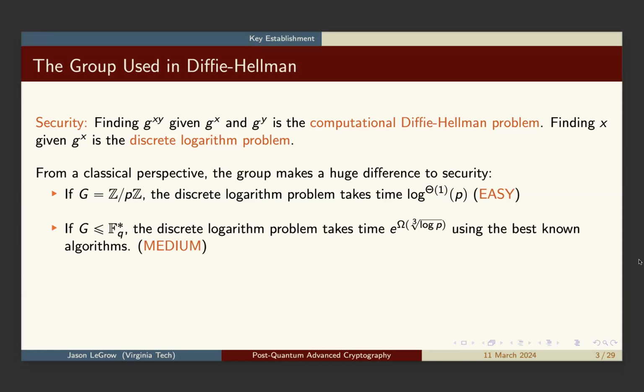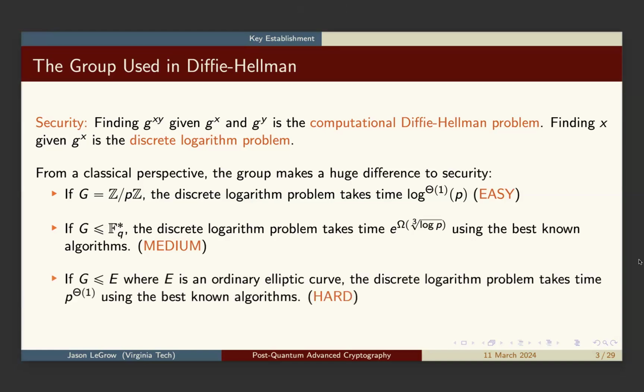You don't want sub-exponential attacks on your protocols, but even if you have them, that doesn't mean they're necessarily insecure. But if you look at a subgroup of an ordinary elliptic curve, then you're doing really well. The best algorithms for the discrete logarithm problem take time p to the theta of 1. So basically, they're as bad as exhaustive key search, which is as bad as you can get. I'm hiding a lot in the exponent; it's actually like a third or a half, not 1. But still, it's asymptotically behaving in a similar way.